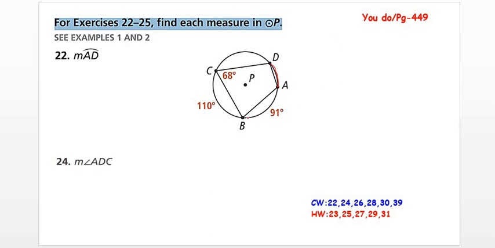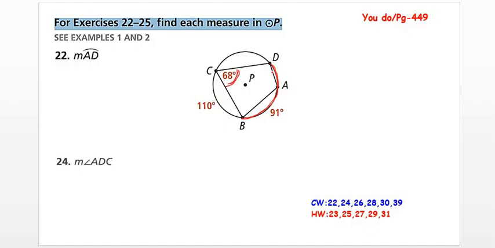But I can see that if I extend this arc over here like this, there is an angle that is the inscribed angle of this intercepted arc BAD. What is that angle? It's angle 68.